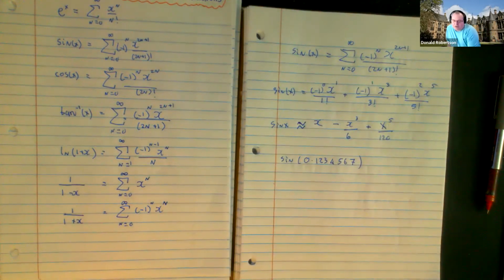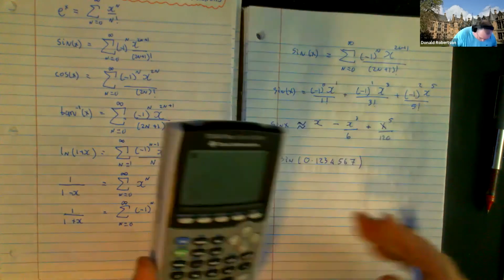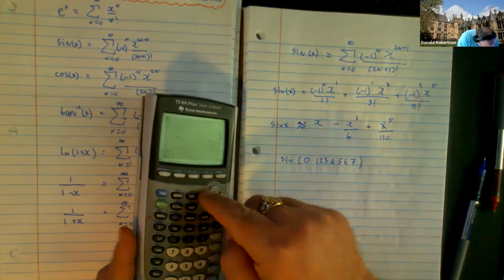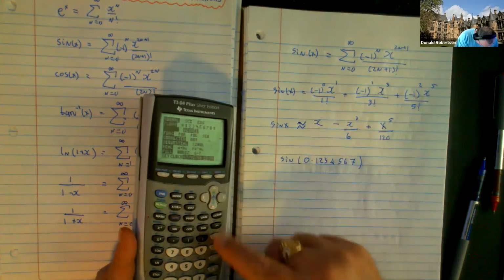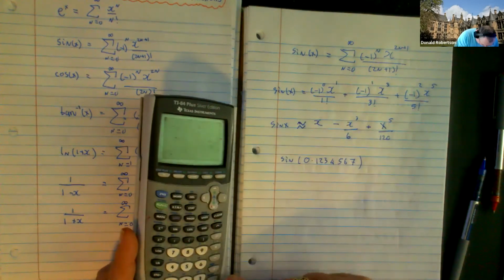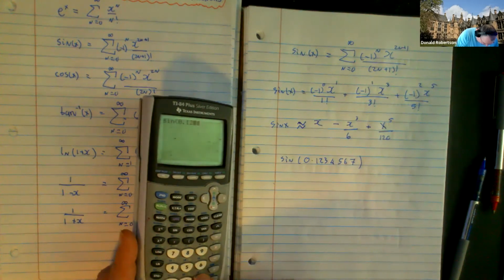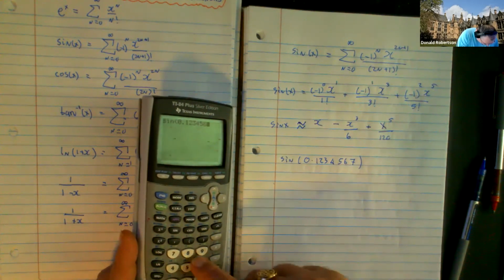I would like to know, and it's in radians, what the sine of 0.1234567 is. Well, I can hopefully get that in my calculator, so make sure I'm in radians before I do anything. And I'm glad I checked, because I wasn't. And I'm going to do the sine of 0.1234567.